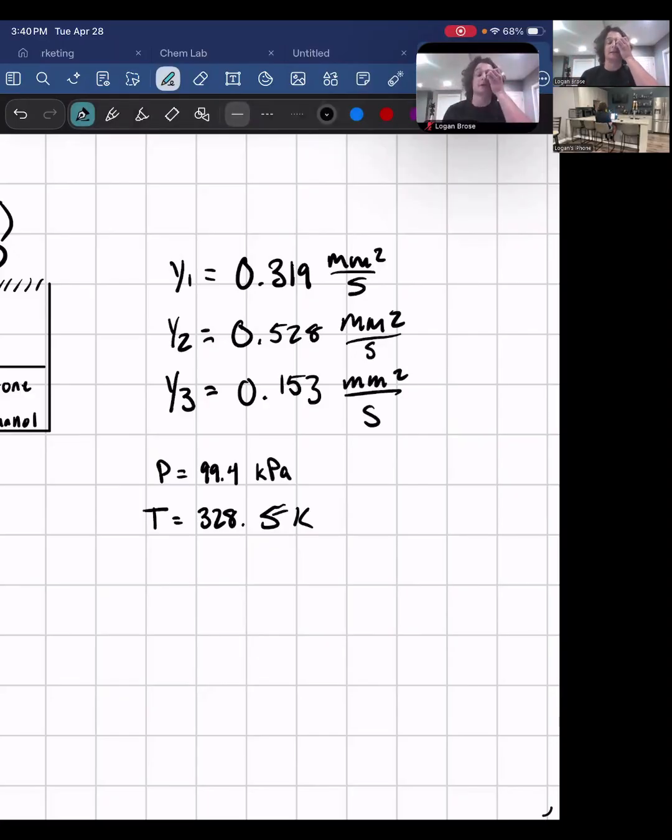And we were able to get this last one because y1 plus y2 plus y3 has to equal 1, right? So we were given those and we just subtracted.